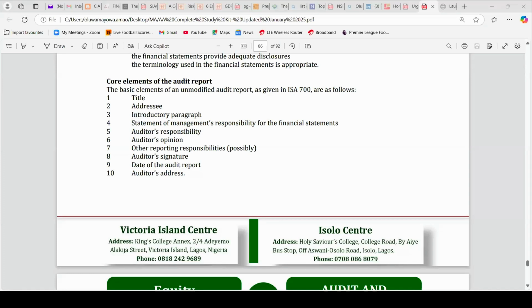If you look at these questions, you can see that they are testing this as recently as May 2024. I don't have the past question of November 2024, but I believe they must have tested something like this. So I'll be dropping the past questions in the WhatsApp group. Please, let's try and attend to them.